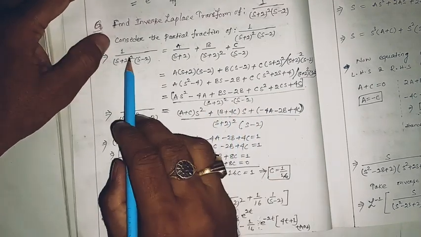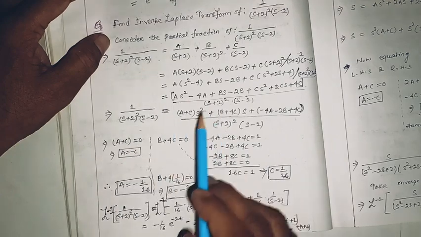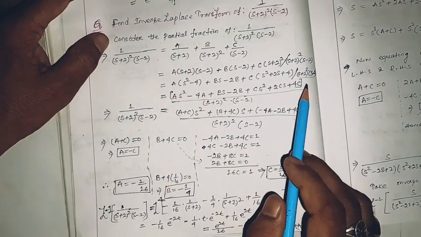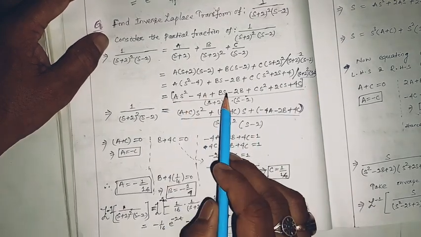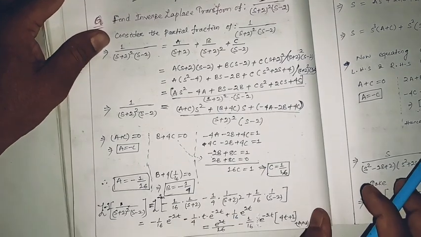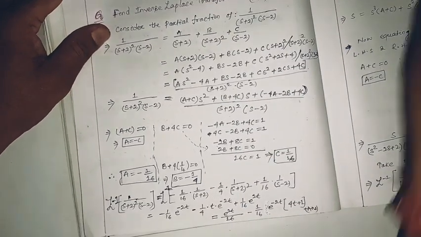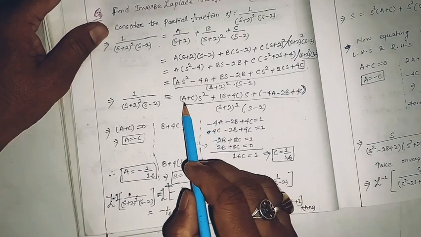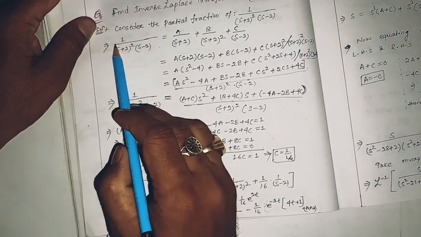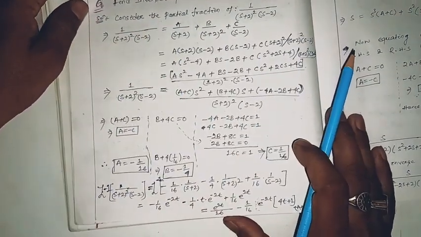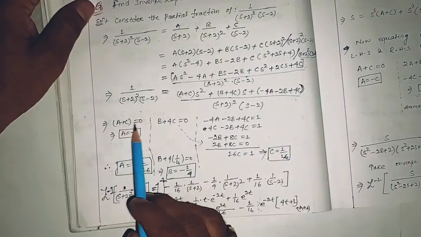If the denominators of LHS and RHS are the same, obviously the coefficients of s square, s, and the constant have to be the same. So the coefficient of s square is a plus c, but there is no s square term in the LHS, so a plus c will be equal to 0.